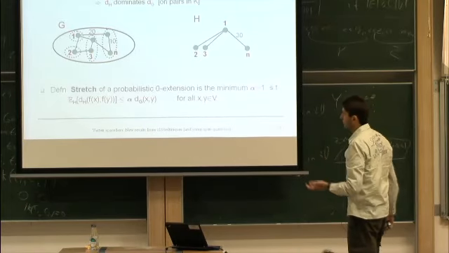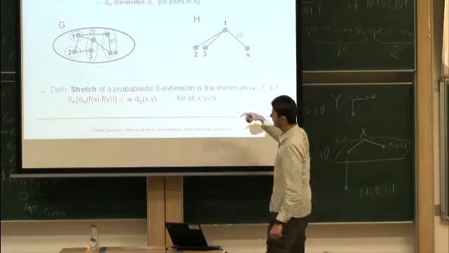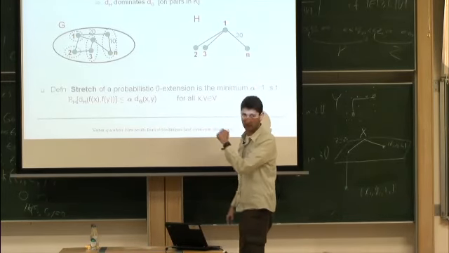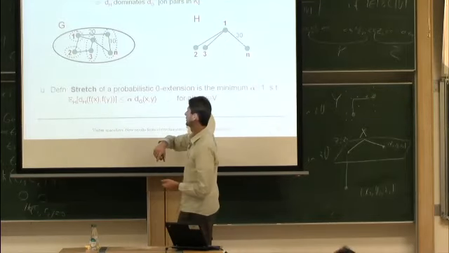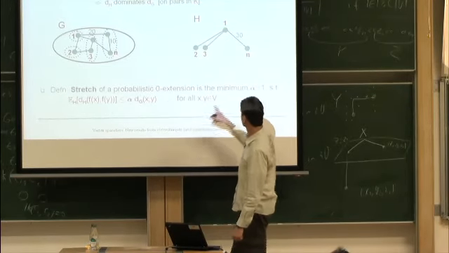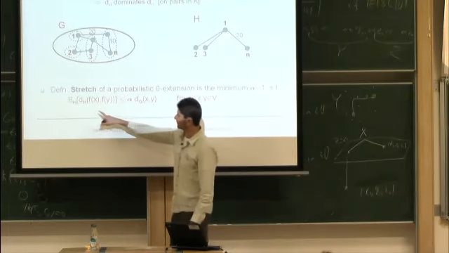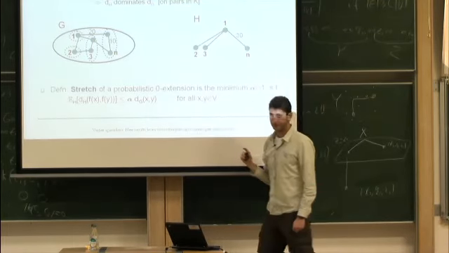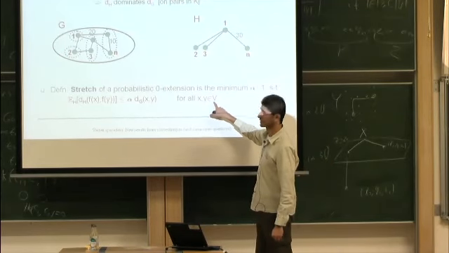Okay, and then once we have this graph, we can think about the stretch. Again, probabilistic means that instead of taking one 0-extension like this, we take a distribution, and the expected stretch is the minimum alpha for which the expected distance is at most alpha times the original distance. But here we actually measure it for all pairs of vertices, not only for terminals.